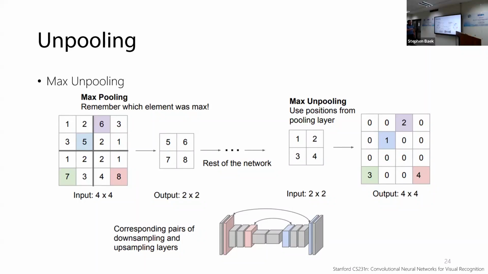Same thing on this 2x2, we have 6, 3, 2, 1. So 6 is the largest number, and 6 becomes the value after downsampling. That's the max pooling process. When we do that, we remember where 6 came from, where 5 came from, in each of the patches, so that by the time you do the unpooling, you remember that position. Whatever signal comes from upstream, we place that number at that exact location. That is the idea of max unpooling.